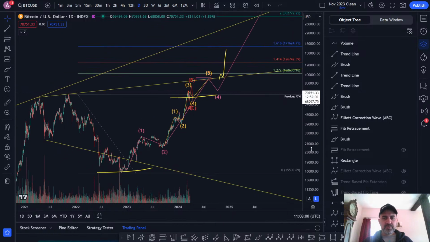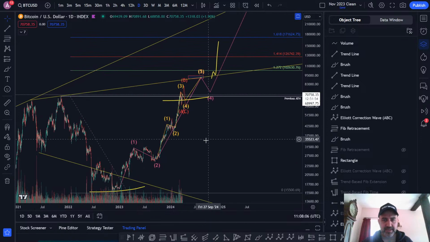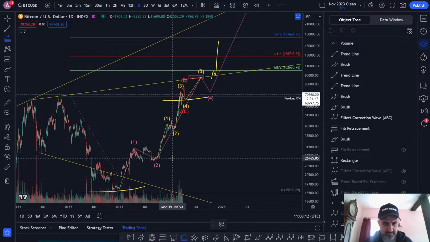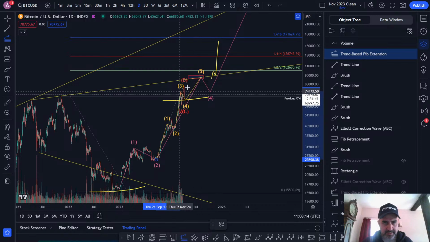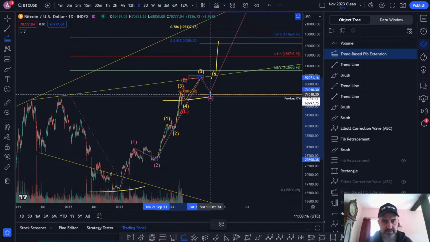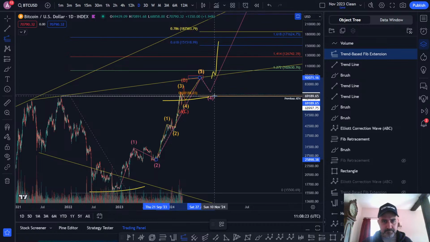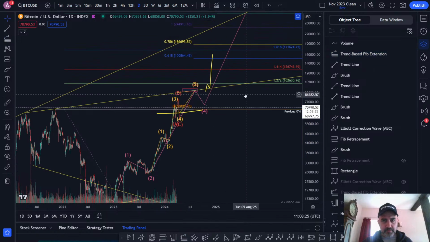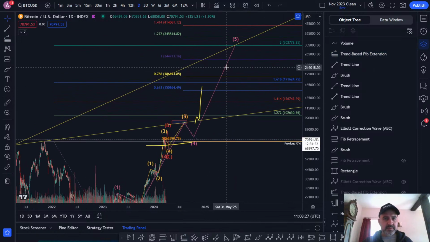And so once we have the fourth wave, let's say if this was to play out the way I've suggested, and who knows, no one knows, this is just speculative. Let's say it goes up to there and then to here. Roughly.